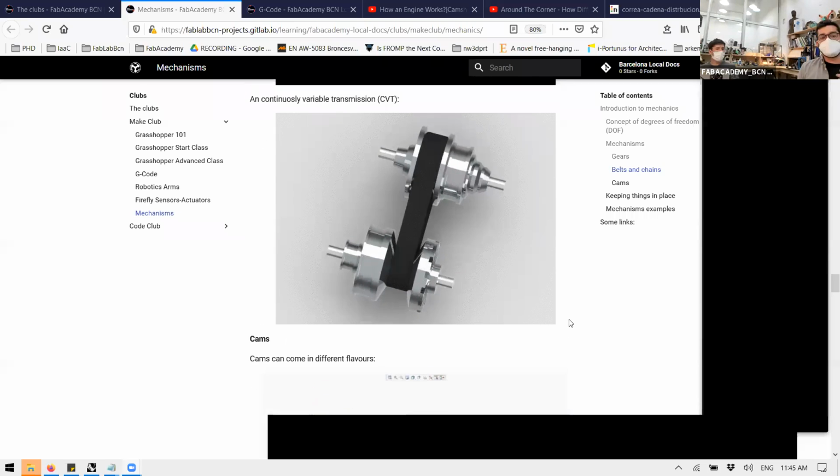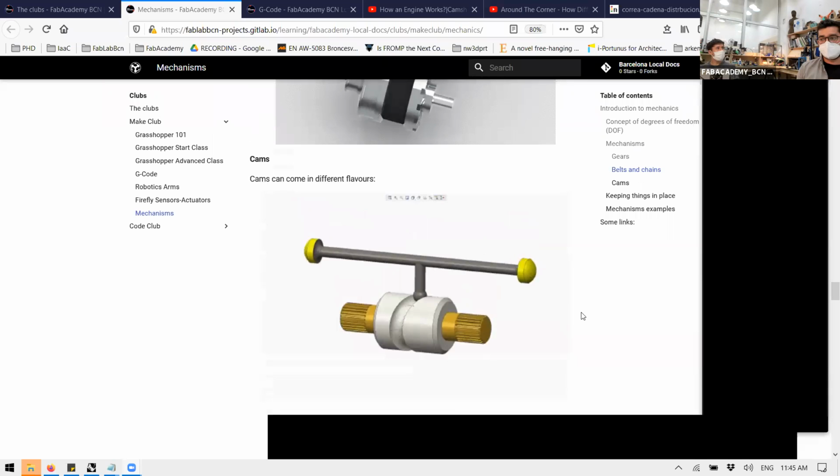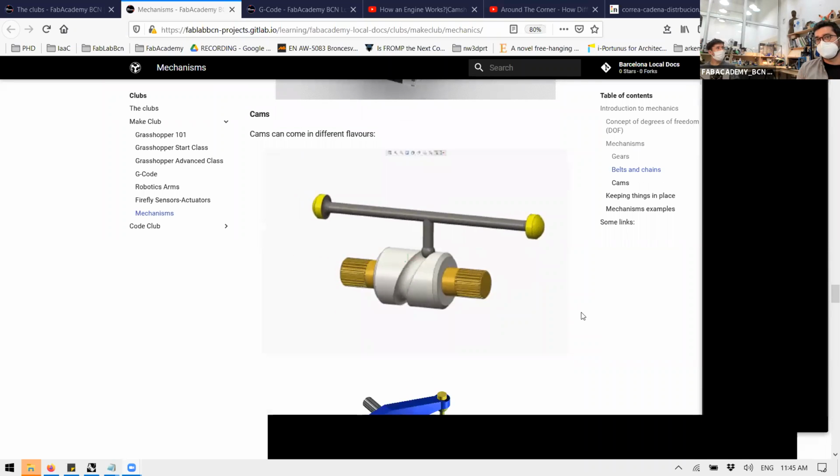So there are some machine designs that are more prone to be fast, and other ones that are more prone to have torque. And that's a huge difference in general between 3D printers, lasers, and CNCs. For example, a laser is also really fast. You have seen the laser cutter moving really, really fast. Why? It's only moving a small mirror.